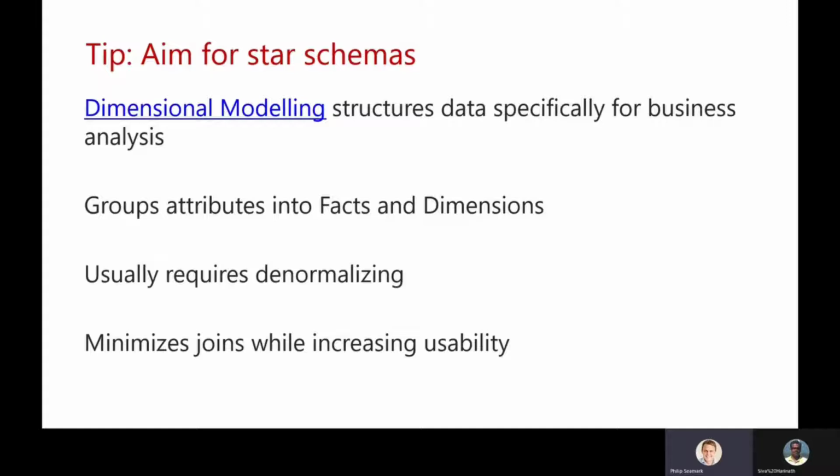So tip number one is to aim for a star schema. You may or may not have heard this technique, but the star schema refers to the layout and structure of your table system. What we typically try and do is organize tables to be either what we call a fact table or a dimension table.